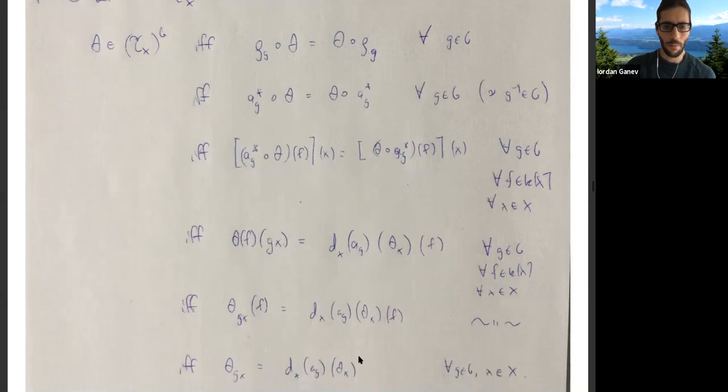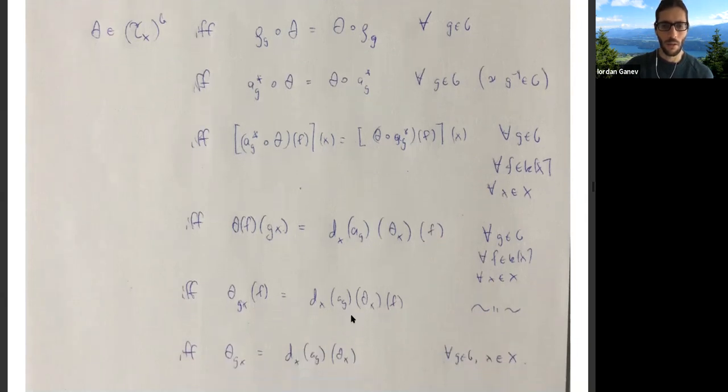Since this is true for all f, this means that theta sub Gx, the value of that vector field at Gx, is the image under the differential of the action map of G of the value of the vector field at x.